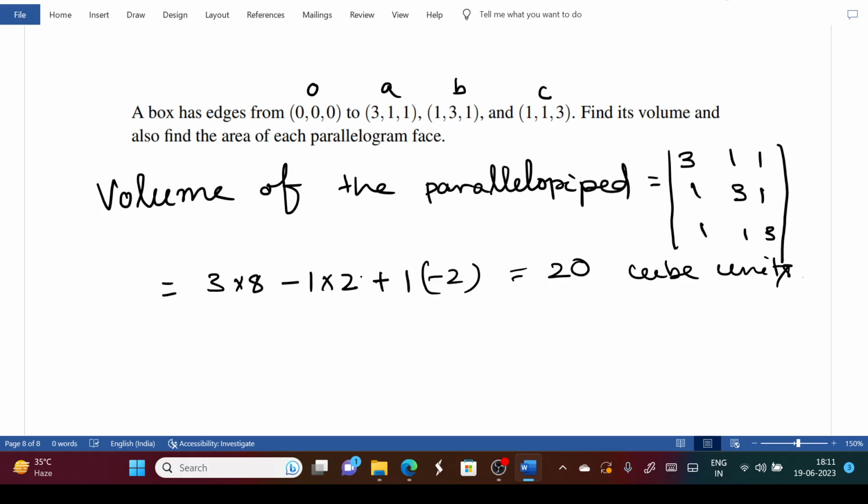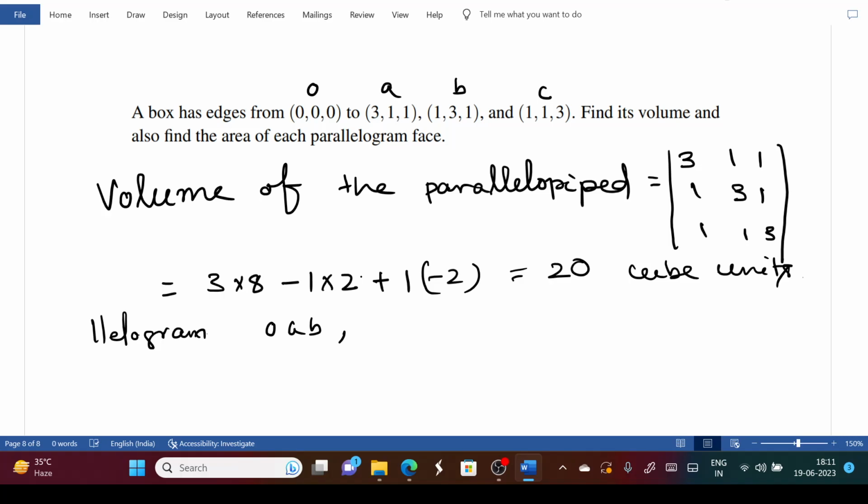So there are two faces having the same value. First let us consider the parallelogram having A and B as its sides, represented by 0 A B.